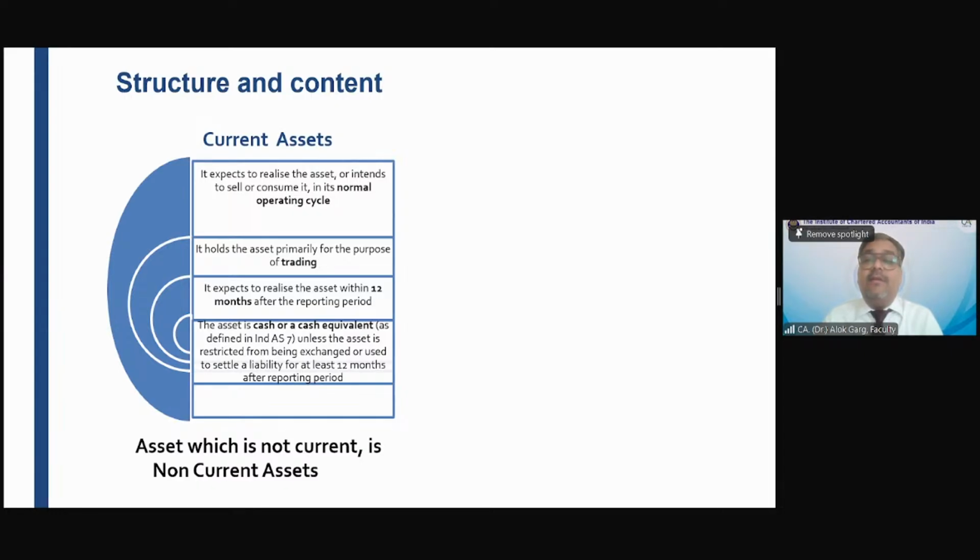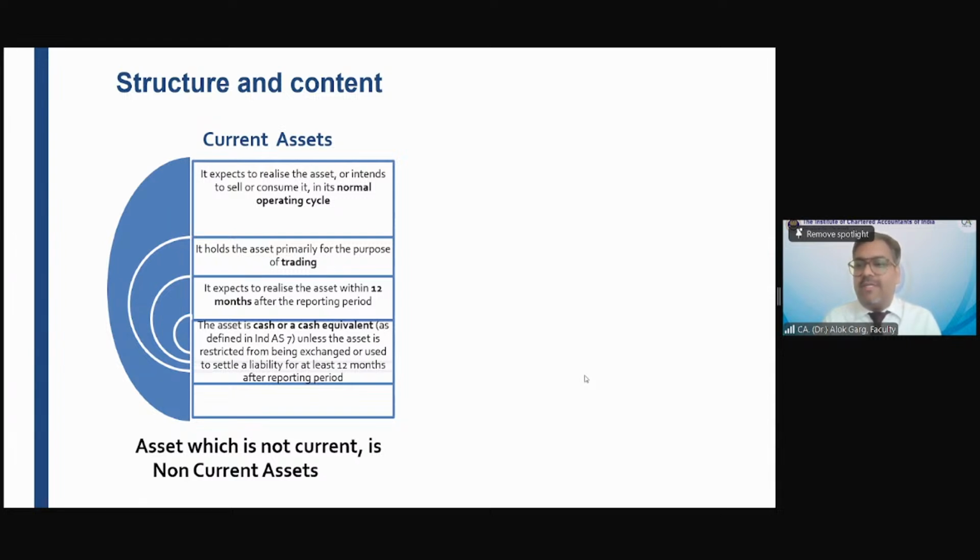So tell me whether this security deposit paid for the Patna office is current or non-current. It has to be what? A very simple question.